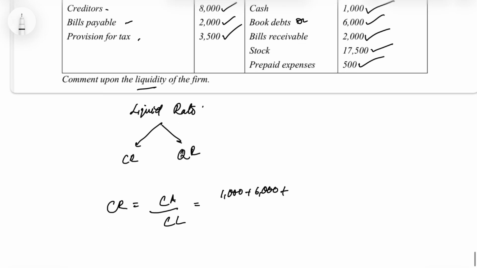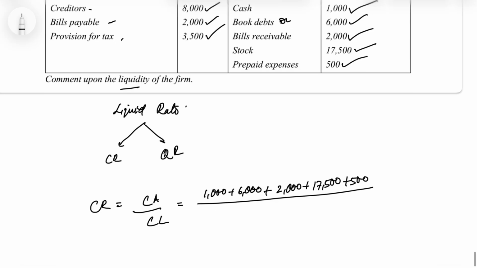So the total current assets are 1,000 plus 6,000 plus 20,000 plus 2,000 plus 17,500 plus 500, divided by current liability: 8,000 plus 2,000 plus 3,500.